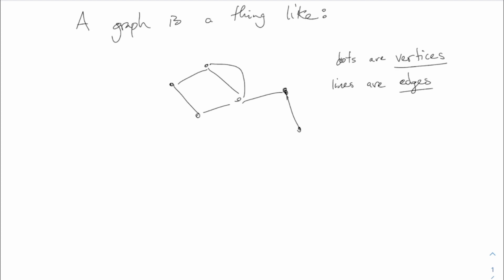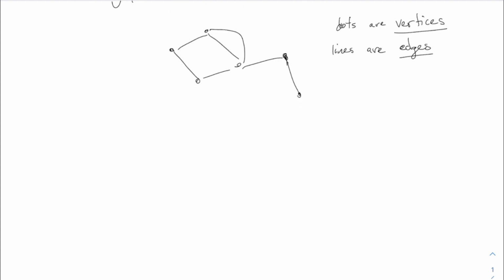So the graph has vertices and edges. All right, and they are arranged in some way. Some vertices are connected to one another by edges. Some vertices are not connected to the other ones by edges. All right. Let's talk about some very basic concepts in graphs.